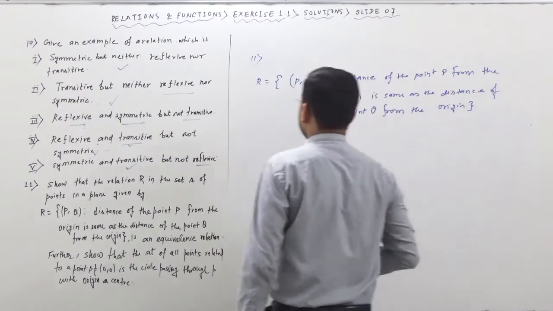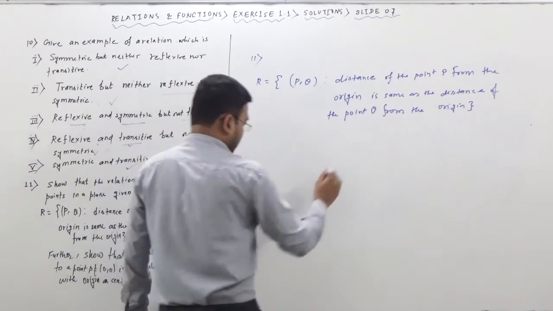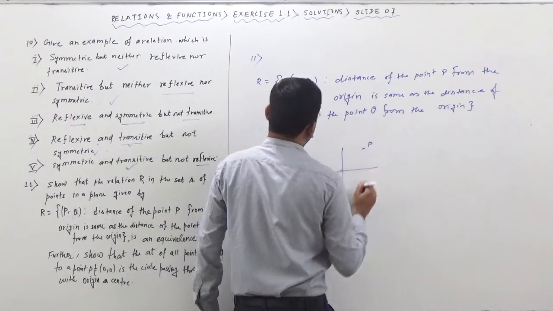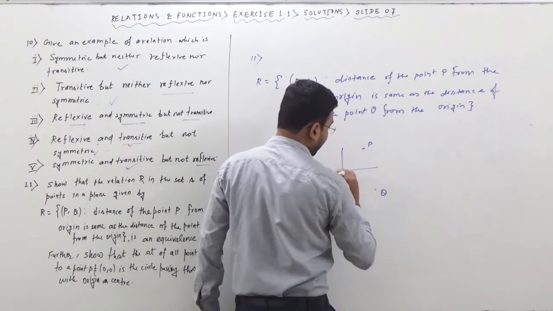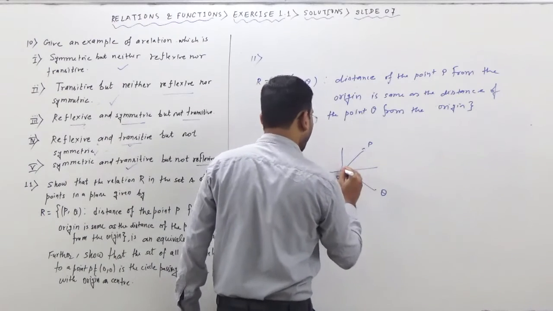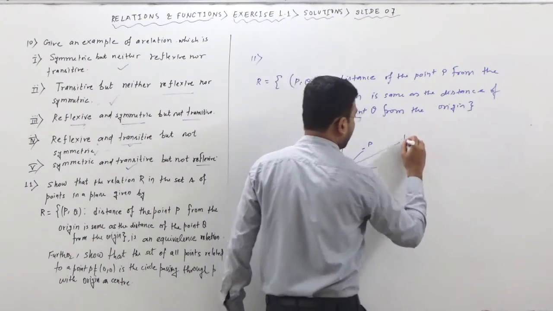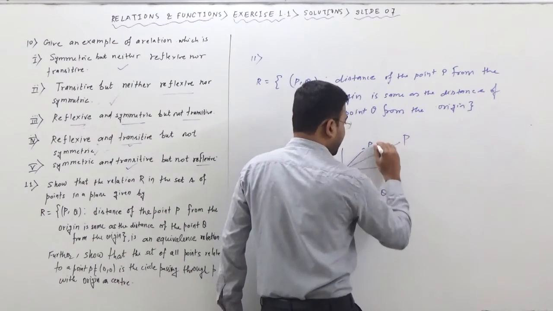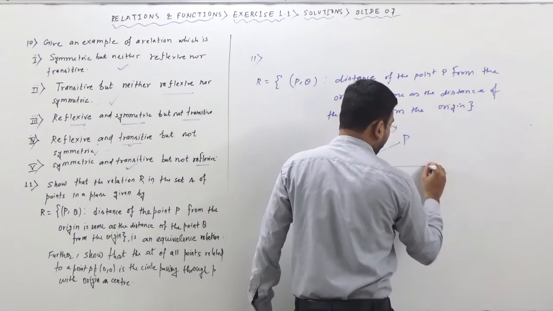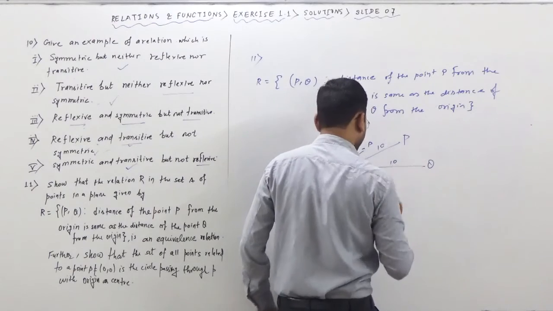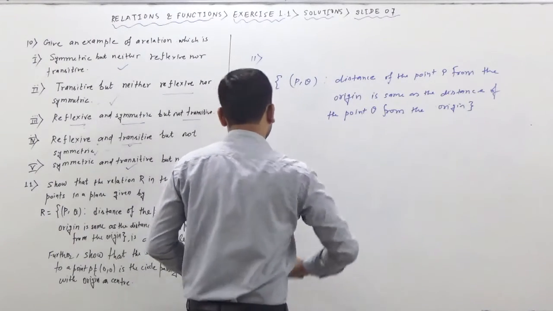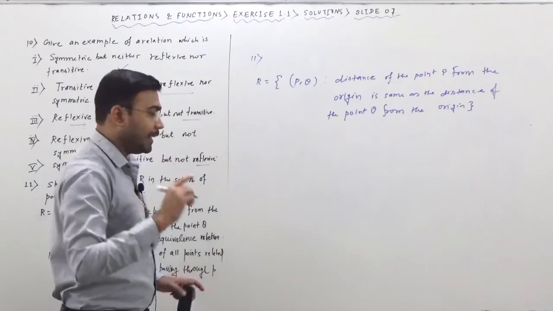Try to understand this one. We have to take only those points. If we take the origin as a reference, and one point over here is P and this is Q, then the distance needs to be equal, meaning OP will be equal to OQ. Wherever you want, you can take P. Like if this is P, and this distance is 10 units, then if we take point Q, this also needs to be 10 units. So for every point there needs to be a Q at the same distance.